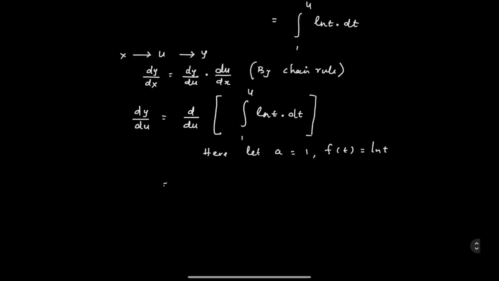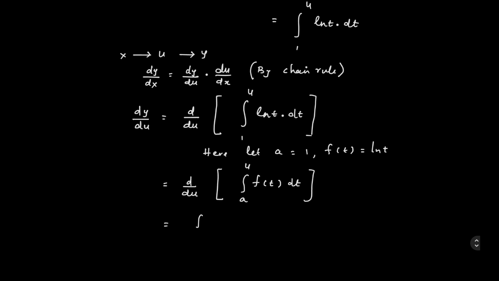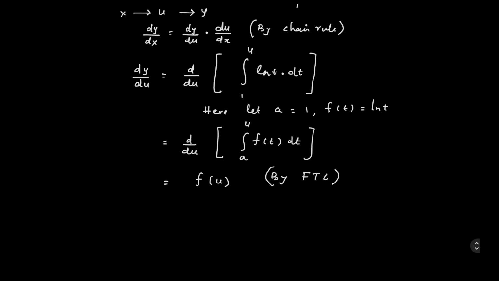So this I can write as d/du of the integral from a to u of f of t dt. So by the fundamental theorem of calculus, this is equal to f of u. Now f of t is ln t, so f of u will be equal to how much? ln u, because f of t is equal to ln t. So therefore f of u equals ln u.